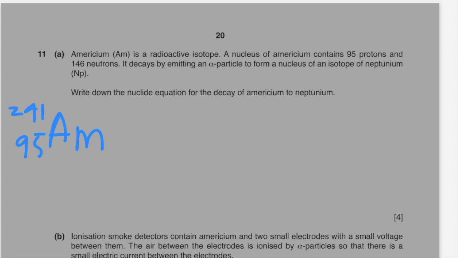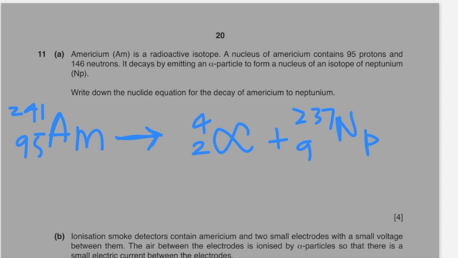Since this is an alpha decay, we have the symbol over here as this, and alpha decay is also equal to the helium nucleus, that is to say 2 neutrons and 2 protons, which gives mass number 4 and atomic number 2, and this also forms neptunium. Alright, so we'll subtract 4 from 241, which gives the answer as 237, and 2 from 95, which is equal to 93, and this is it.